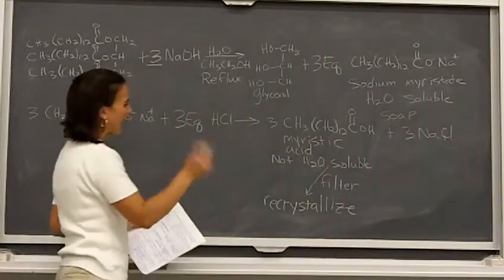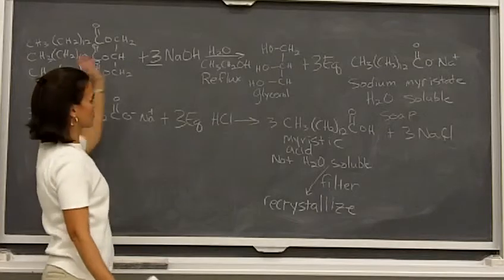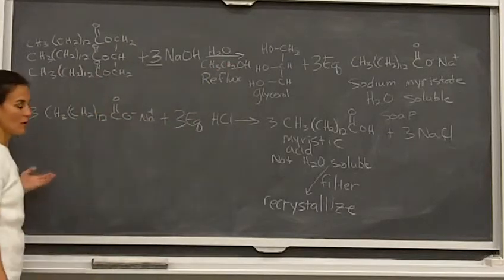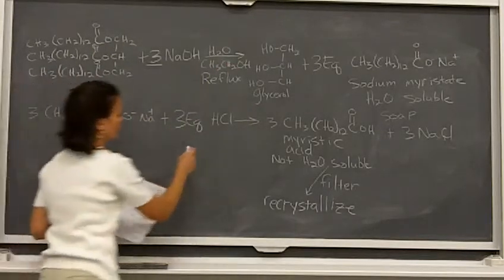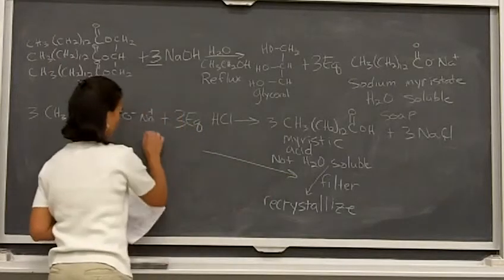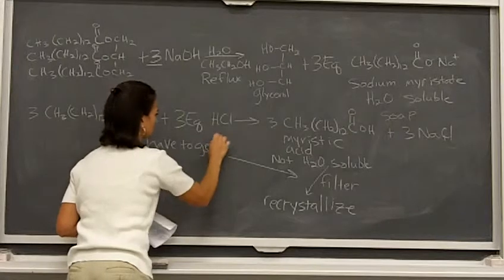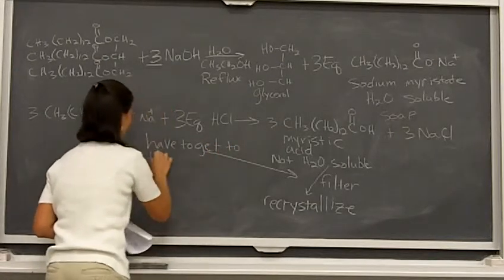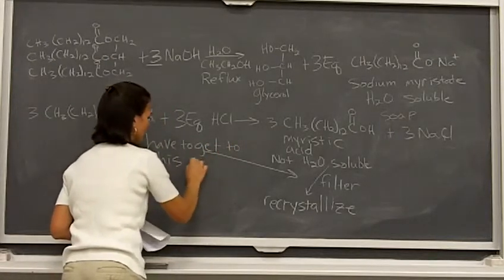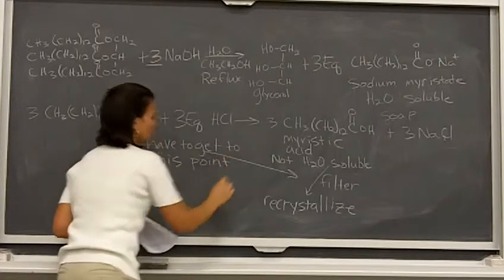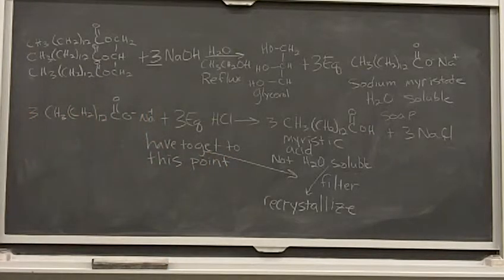Okay, once we've started this process, you have to this week get to the point that you filter. You have to filter the myristic acid off, okay? Don't leave it in the HCl.